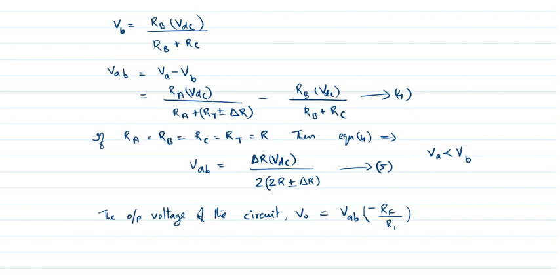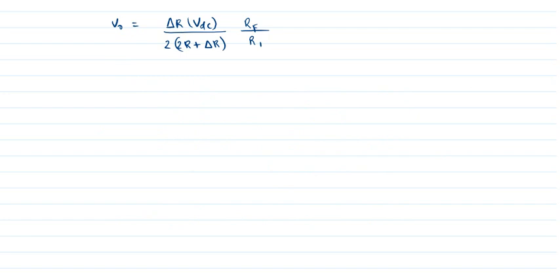So VA should always be less than VB. Okay, so we write this VAB with the negative sign, so both negative signs will come. We can write V0 as delta R VDC by 2 into 2R plus delta R, into RF by R1.